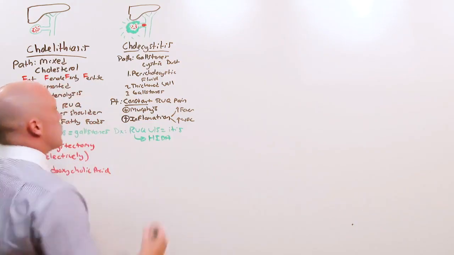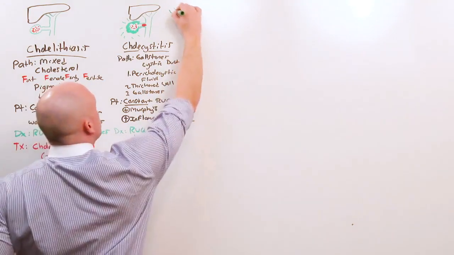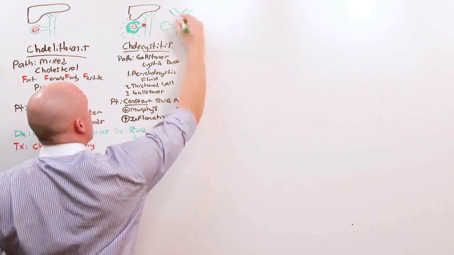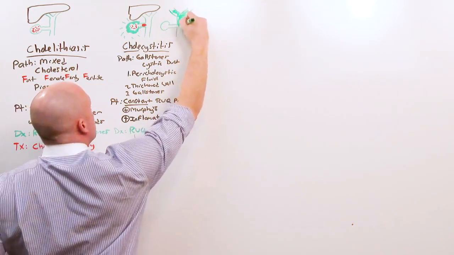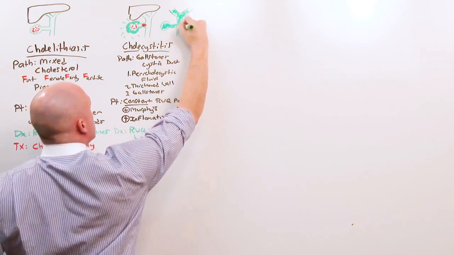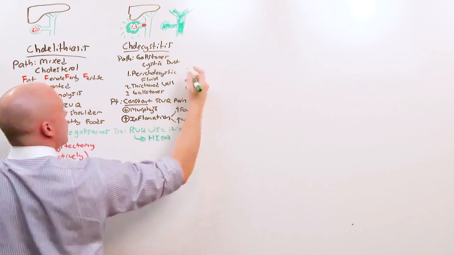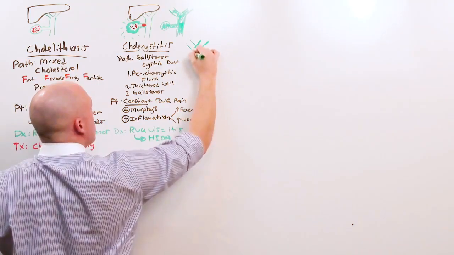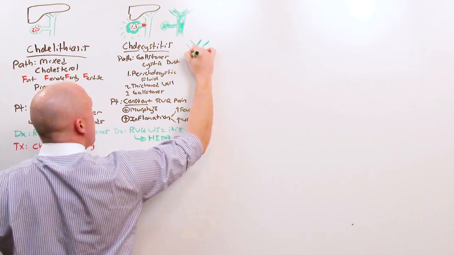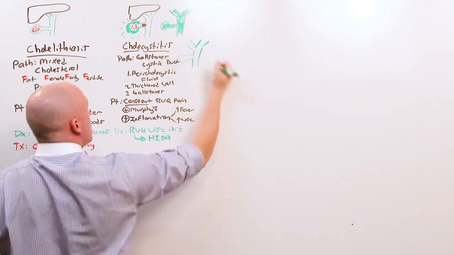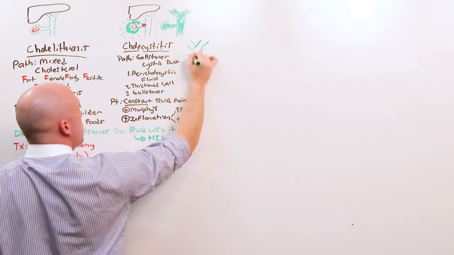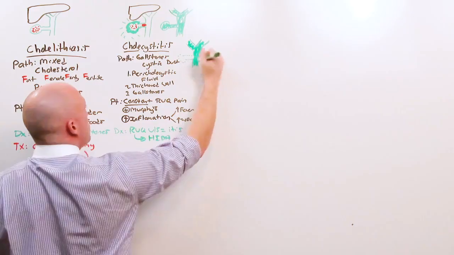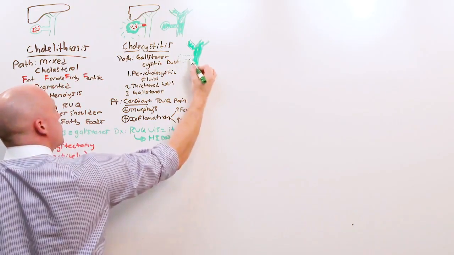With the HIDA scan, what you're looking for is perfusion. You inject some radiotracer. What will happen is the tracer will descend, fill the gallbladder, and the rest of the biliary tree. That's normal. If instead you have cholecystitis, that should fill, but because you have an obstruction here, the biliary tree is going to fill without difficulty, but the gallbladder won't.